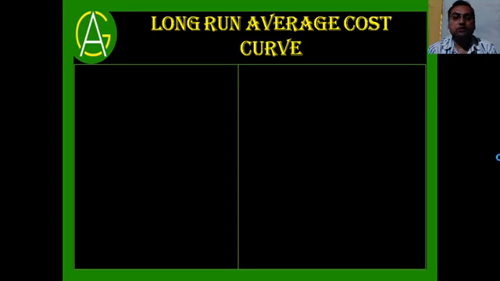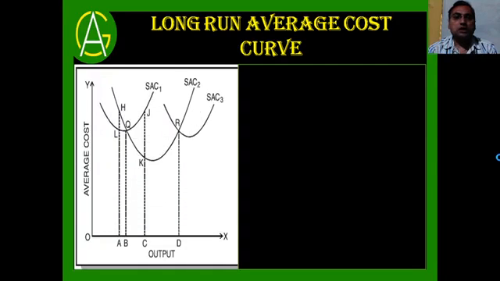First, in front of you, these are given short run average cost curves. Friends, you know that the short run average cost curve is a U-shaped curve. So first of all, remember that the shape of the average cost curve is U-shaped.